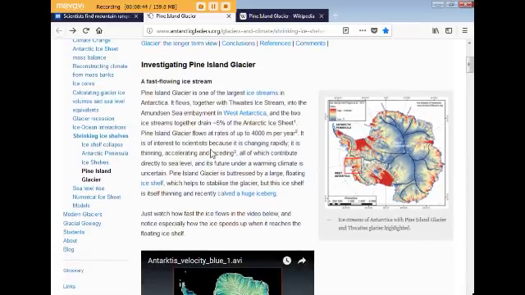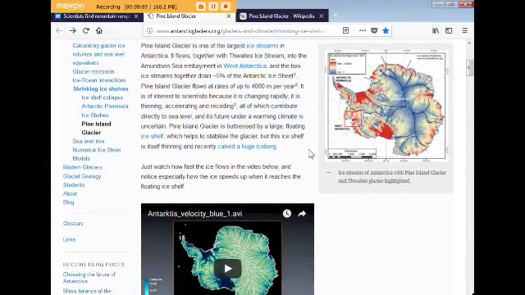Pine Island Glacier flows at rates of up to 4,000 meters per year. It is of interest to scientists because it is changing rapidly. It is thinning, accelerating, and receding, all of which contribute directly to sea level, and its future under a warming climate is uncertain. Pine Island Glacier is buttressed by a large floating ice shelf, which helps to stabilize the glacier, but this ice shelf itself is thinning and recently calved a huge iceberg.